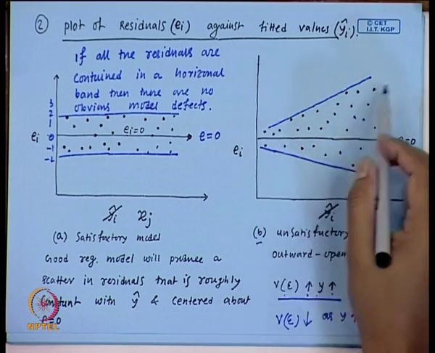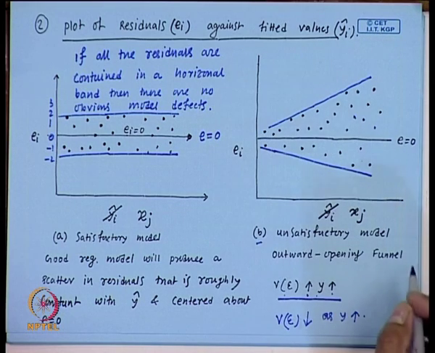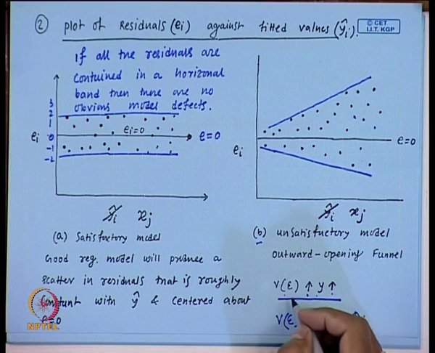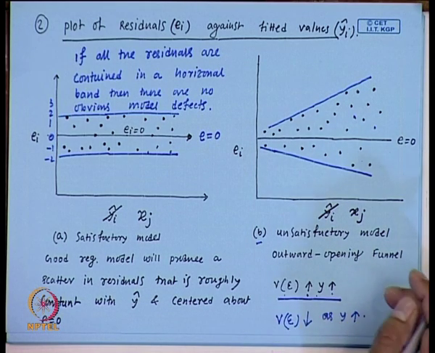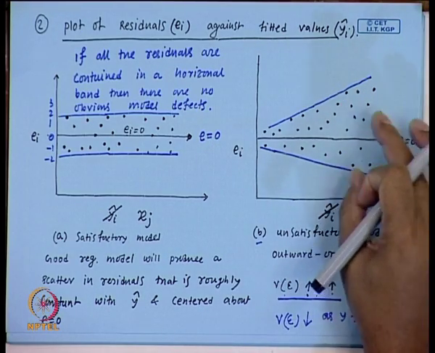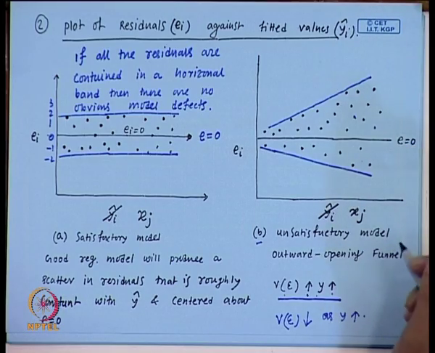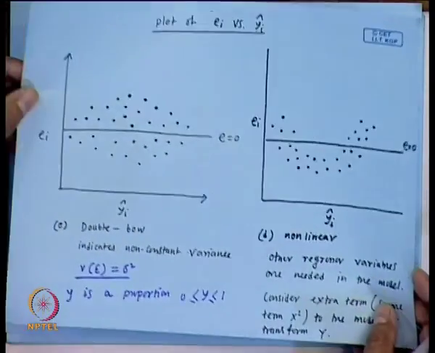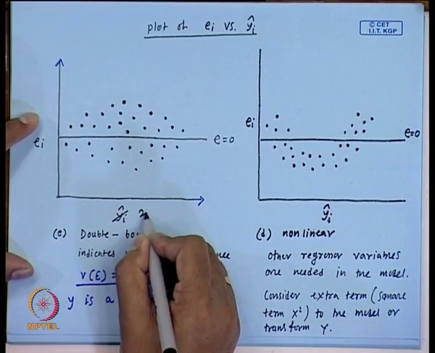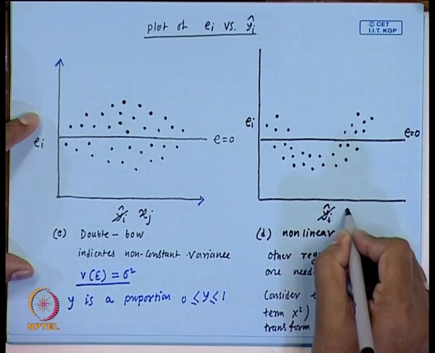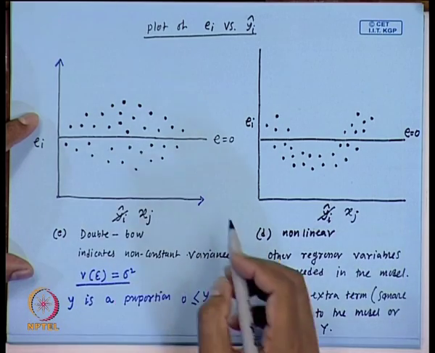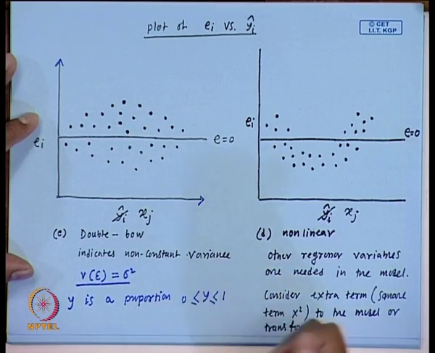Here also the outward open funnel, or the inward open funnel, indicates non-constant variance. Similarly, the double bow also indicates non-constant variance.